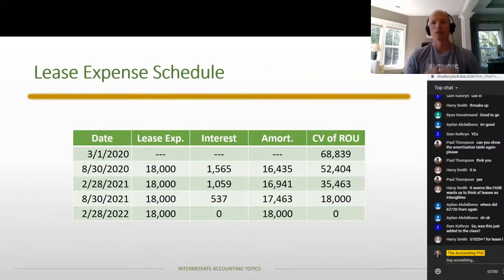Okay, now this is where most students start to get their heads hurting a little bit. All right? So, there's no direct way to calculate the interest column in this table. There is no direct way to do it. I'm just going to tell you right now, there's no direct way to do it.